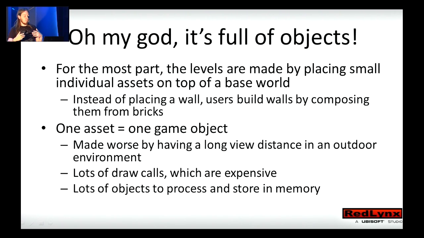A player could rotate them and place them anywhere they wanted, and basically our walls and some big structures in the background, if you have a castle in the background, it was created from thousands of small objects. And that was a big problem, because, of course, if you place thousands of objects, you need to process thousands of objects, and you need to draw them, and you need to store them in memory. So that was a problem.